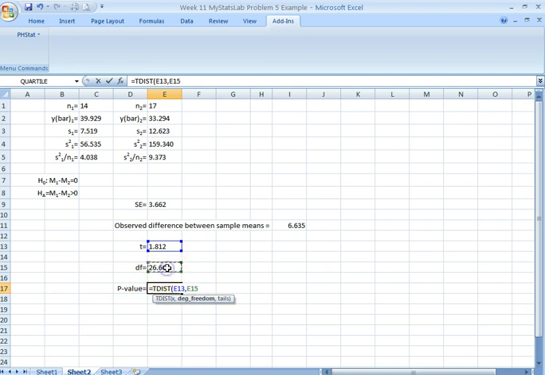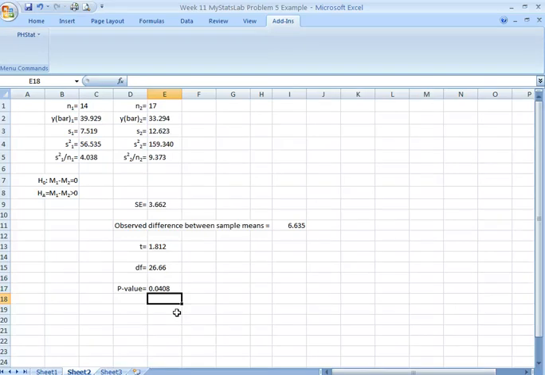So I'll highlight that, comma. It asks us for the tails. Well, this is an upper tail test. We're looking for greater than. So 1 tail. I'll close my parentheses, enter, and there's our p-value, 0.0408.